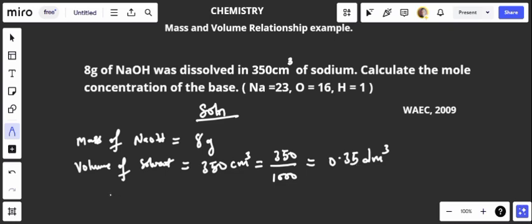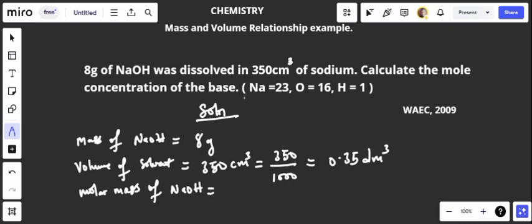So the next parameter we are going to calculate is the molar mass of this sodium hydroxide. Molar mass of what? Sodium hydroxide.